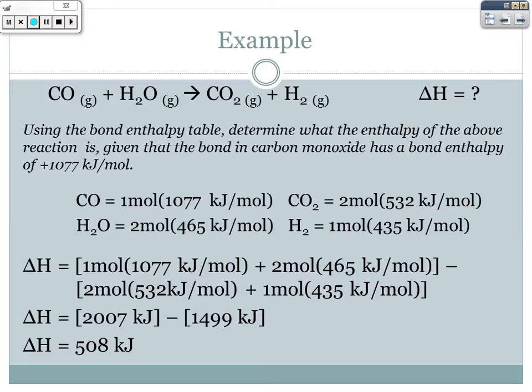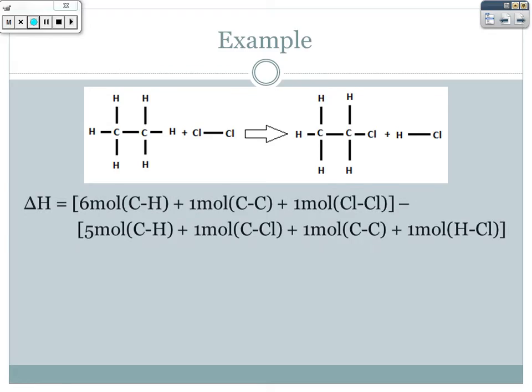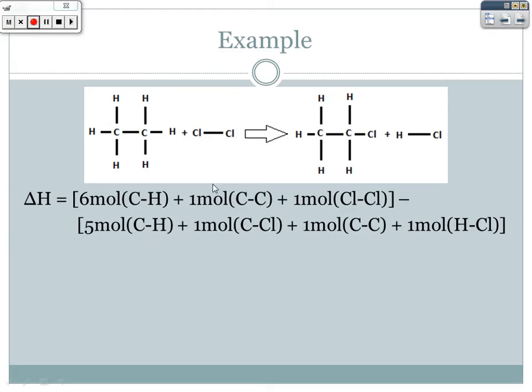Okay? Now another way to look at this is to think about it more in terms of structure, because maybe you can't just visually see what's going on and you need to draw out the structures. So if I'm looking at this, for my bonds broken, I need to break 1, 2, 3, 4, 5, 6 carbon-hydrogen bonds. So I have 6 moles of carbon-hydrogen bonds.